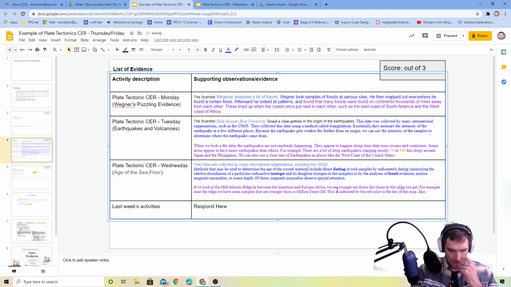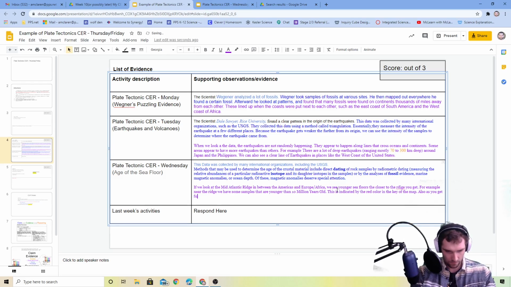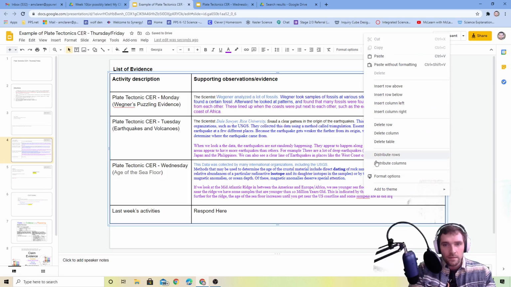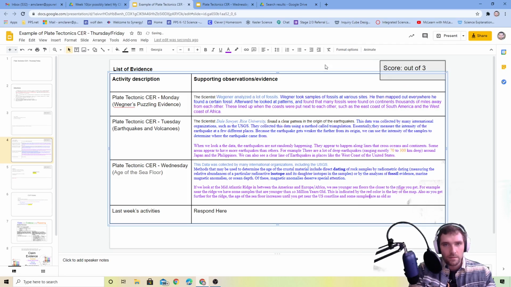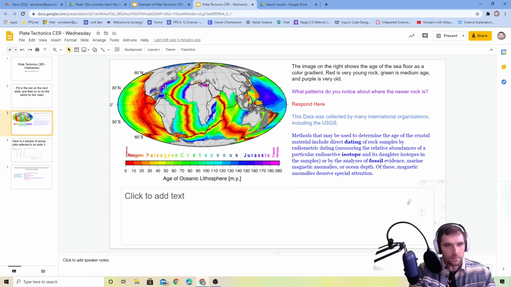Also, as you get further from the ridge, the age of the sea floor increases, until you get near the US coastline, and some samples are as old as, what was it, that blue or even purple.